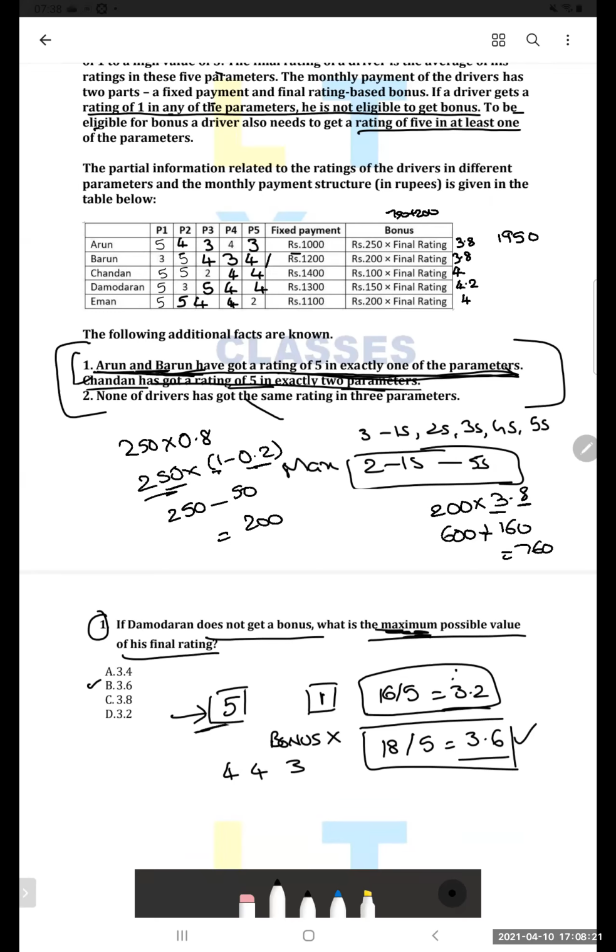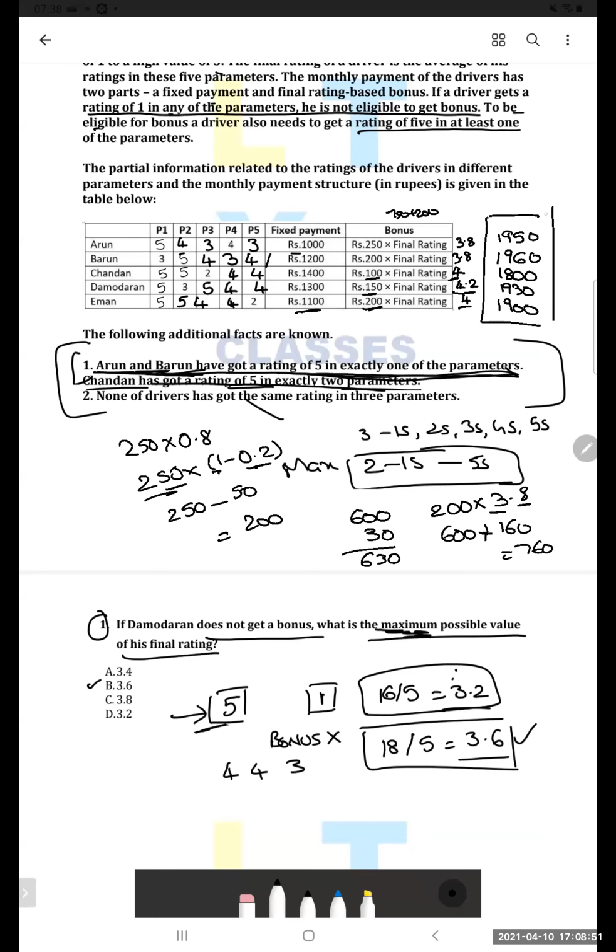So 760 plus 1200 is 1960. Next, 4 times 100 is 400. 400 plus 1400 is 1800. 4.2 times 150. So 4 times 150 is 600. 0.2 times 150 is 30. So 630. 630 plus 1300 is 1930. 4 times 200 is 800. 800 plus 1100 is 1900.